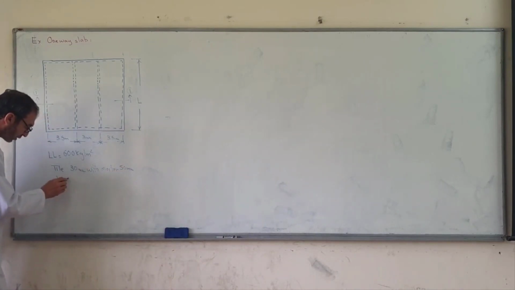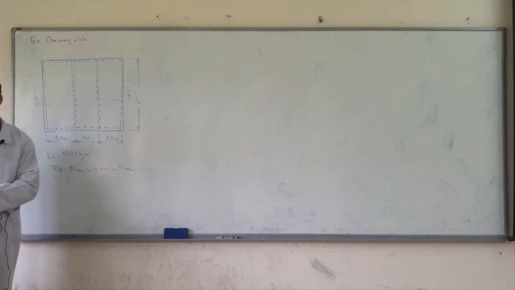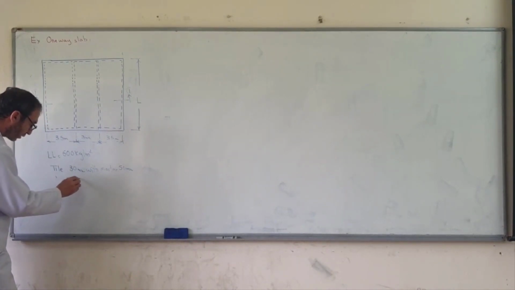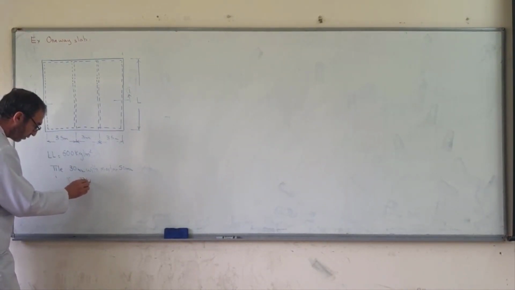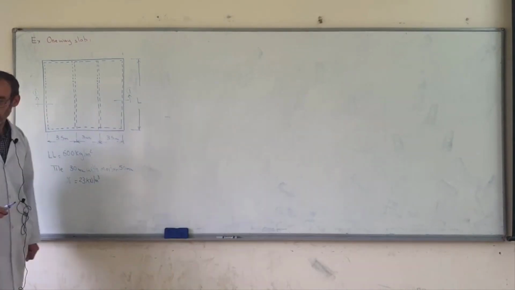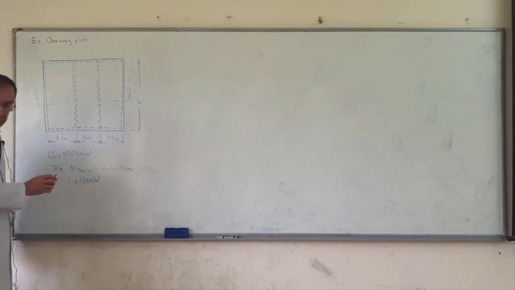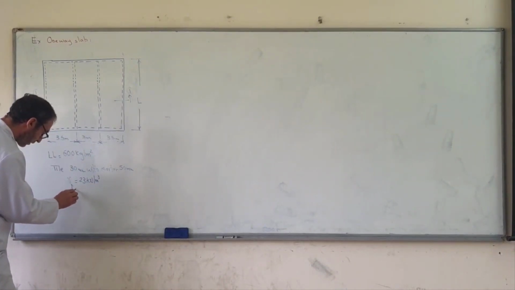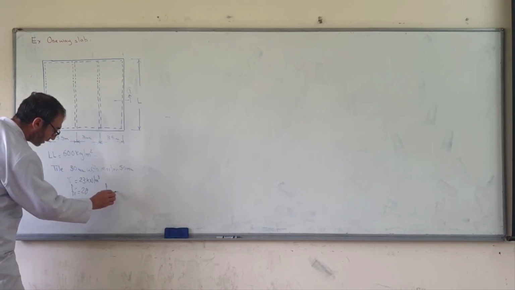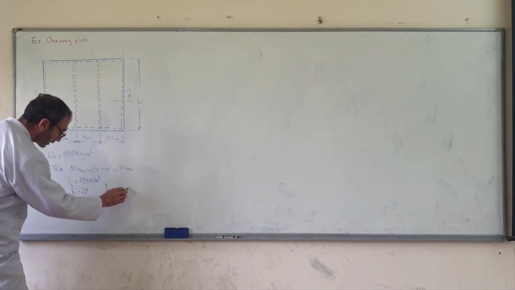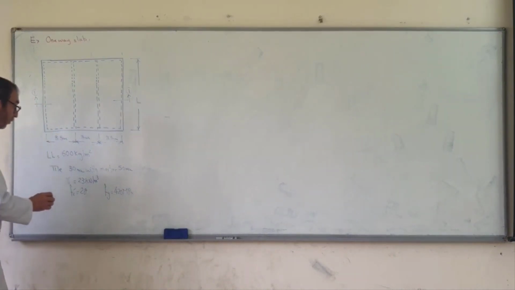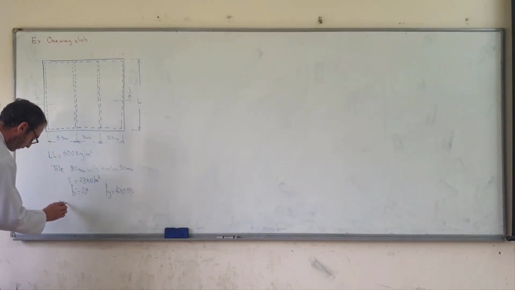Gamma for tile and mortar is given. F prime c is normally 28 megapascal and Fy is normally 420 megapascal. Also the wall thickness is given.